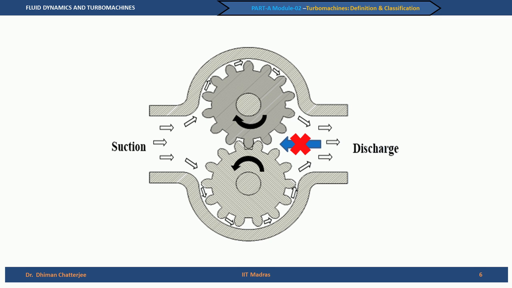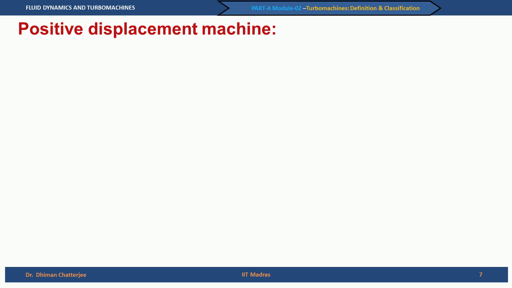Also, we have to note that in this case the gears are rotating. In the case of the reciprocating pump, the cylinder is fixed and the piston is moving inside. So, we see that there is a relative motion in this case between the gear and the casing, and in the other case between the cylinder and the piston. So, let us try to summarize what are the features of positive displacement machines.